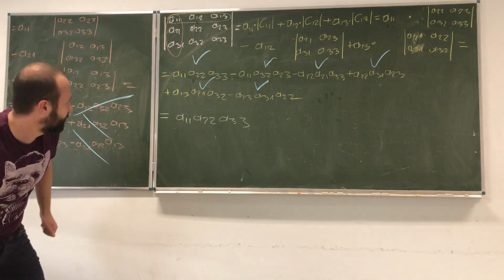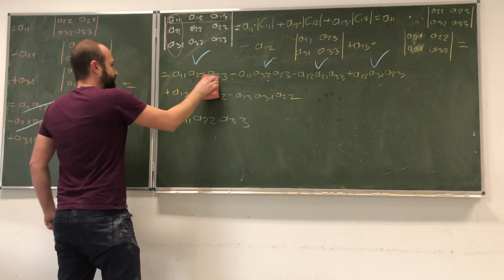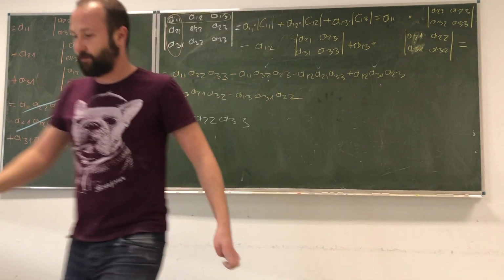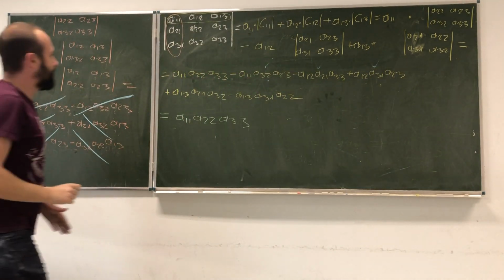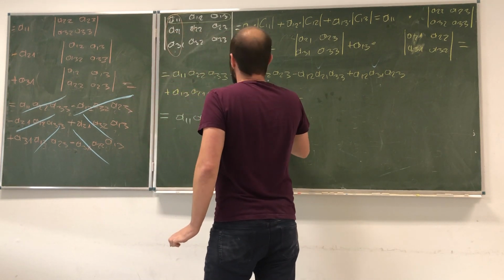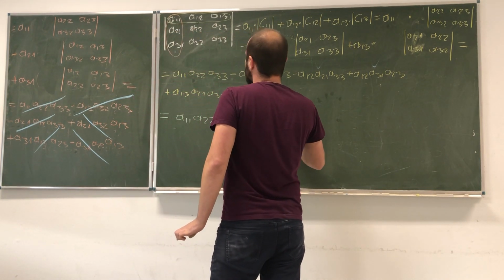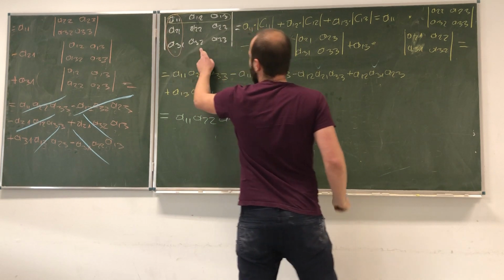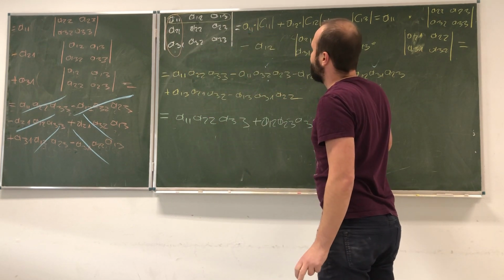Okay, let me just erase those blue tapes because we will have to use them again. Then I would have A12, A23, A31, and then A13, A21, A32.